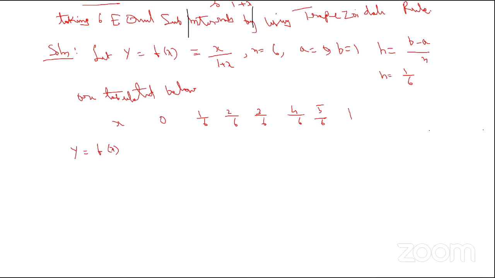First one, we are substituting 0, gives 0. Next, 0.1429. Next, 0.250.